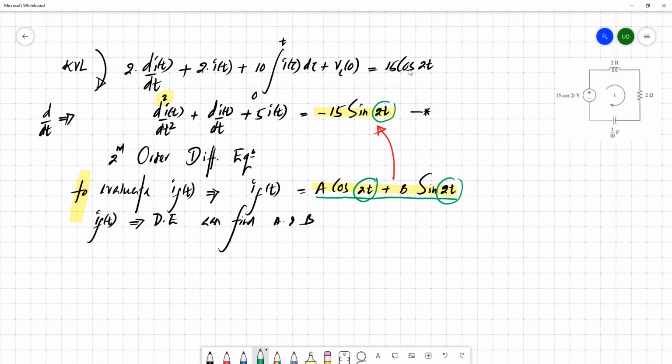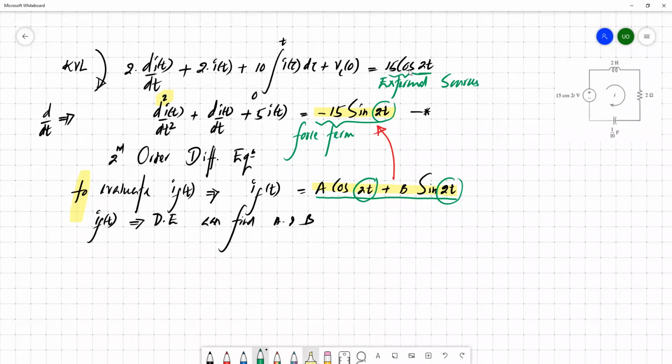You can't simply replace your trial solution with cos 3t and sine 3t, because, as we argued in the previous session, this is your force term. The force term is basically aligned with the external sources you connect to the circuit.